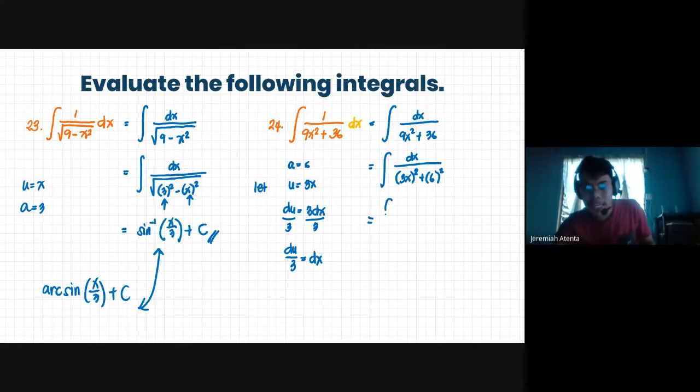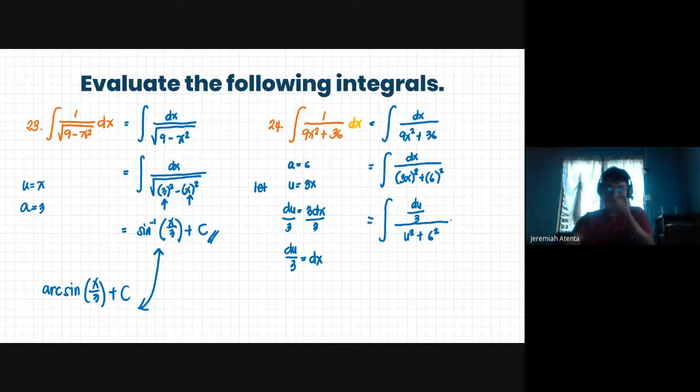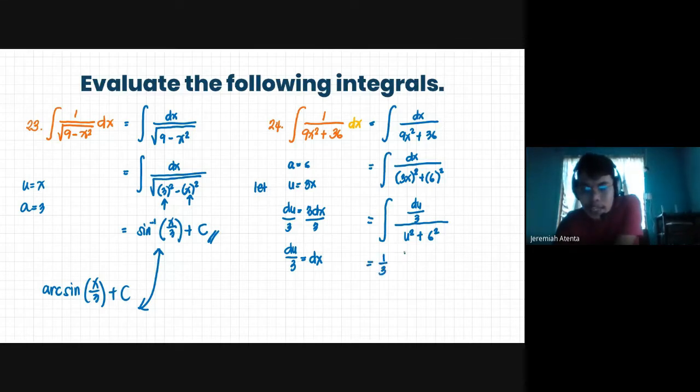So this one will become the integral of dx will be du over 3 over 3x is just u, so you have u squared, plus our a is just a, so you have 6, so 6 squared. Ayan. Okay? du over 3, we have 1/3 here, so pwede natin siyang ilabas. So you have 1/3, the integral of du over u squared plus 6 squared.